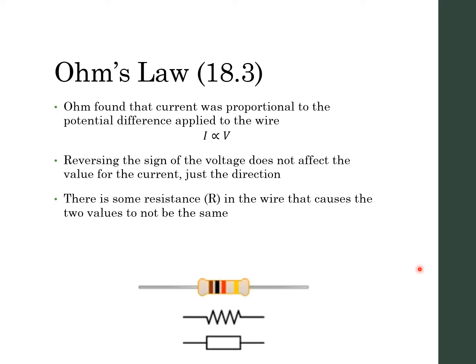Before we get into that, I just want to let you know these three symbols here are the symbols that you would see inside of a circuit for a resistor, which is indicative of resistance. We're going to be using this middle one, the angry sawtooth shark thing here.